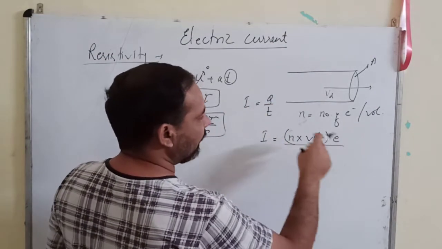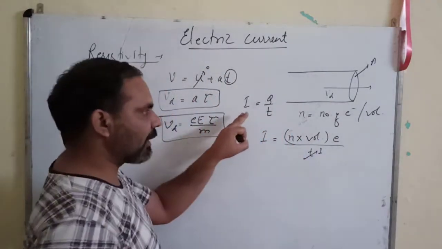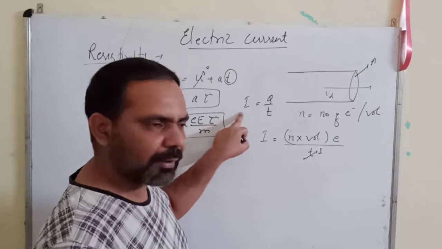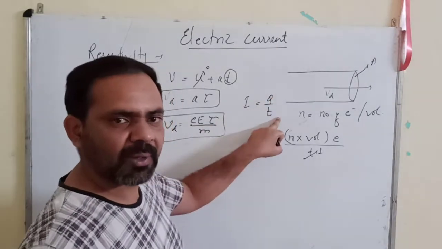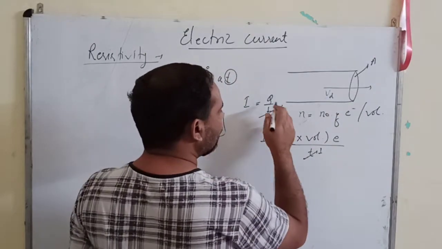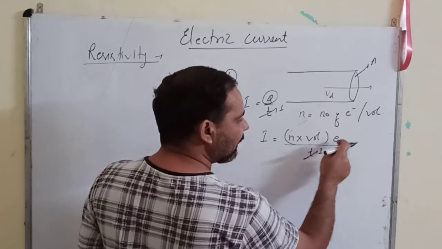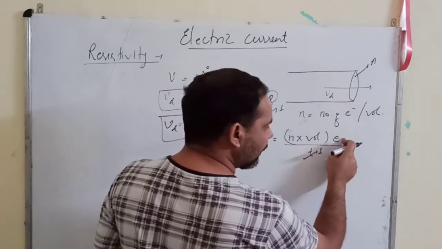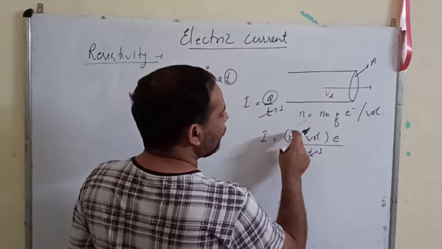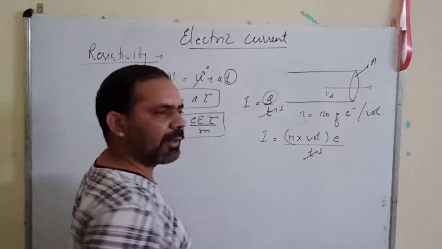Current is the charge flowing per unit time. Unit time means this t will become 1. Now how much charge is passing through it? The number of charges multiplied by the magnitude of charge. So the number of charges is the number of electrons per unit volume multiplied by volume, into the charge.